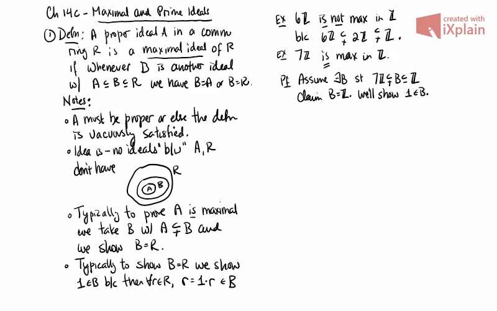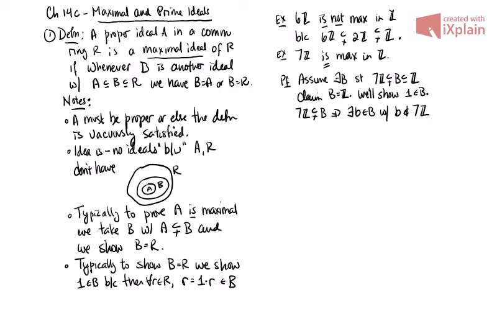So then we say, what does it mean for 7Z to be contained in and not equal to B? It means there's something in B which is not in 7Z, right? So 7Z contained in but not equal to B implies there exists something, let's say little b in B, with little b not in 7Z.